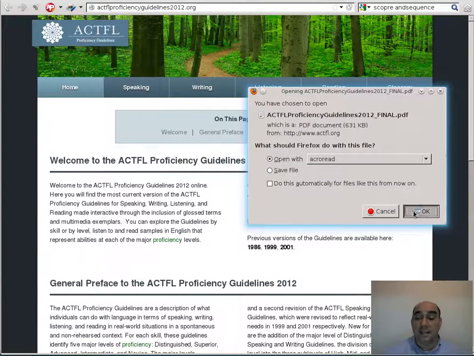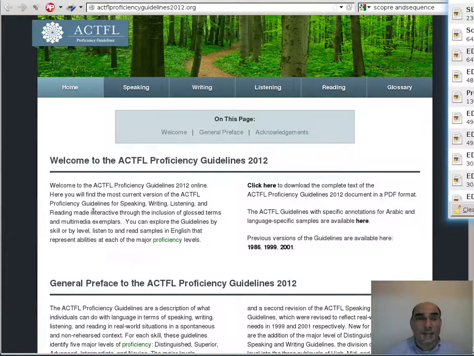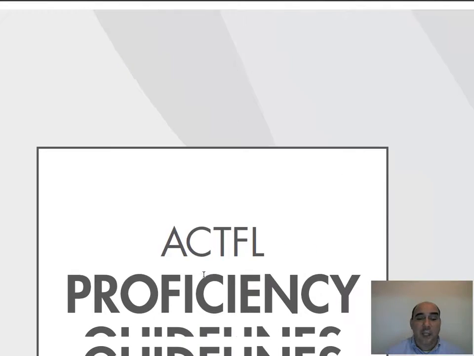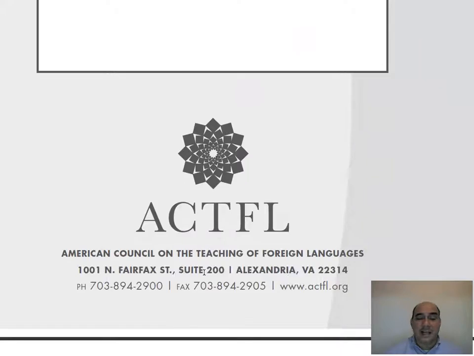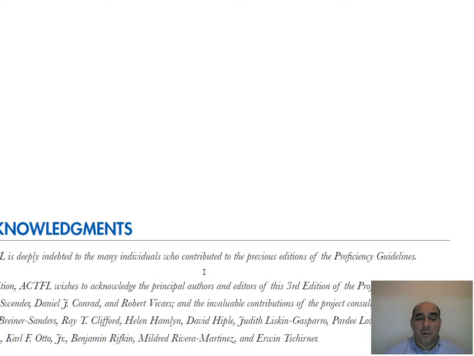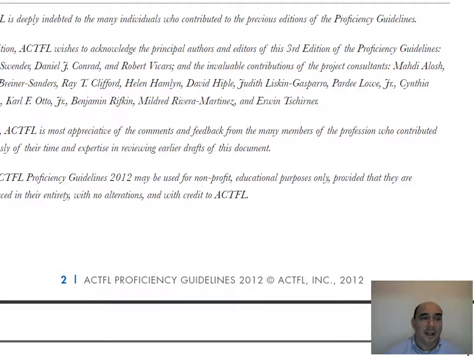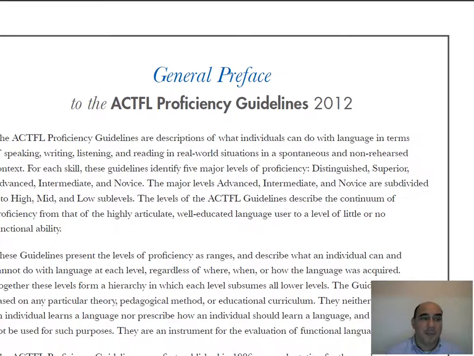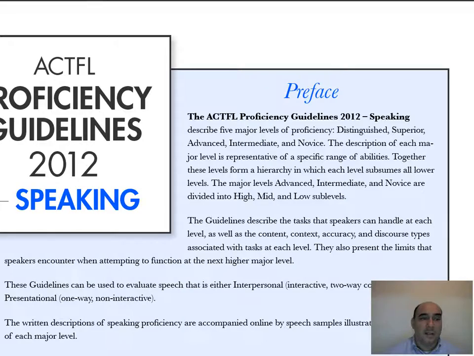They are rather robust and rather detailed. It means that you can look and see what these guidelines are in detail for your particular level. This is 24 pages long. Wow, this is kind of big. Let's go a little smaller.